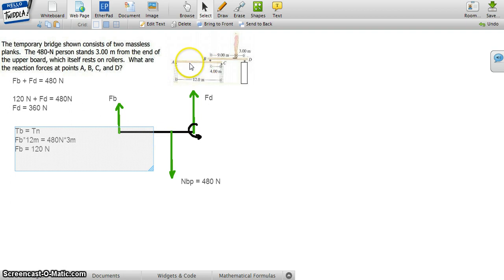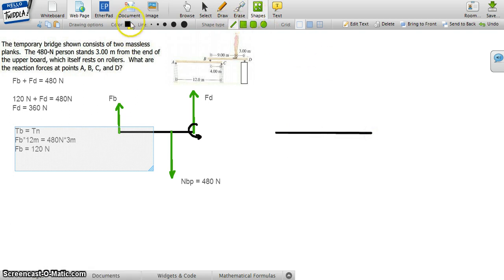Okay, now I'm going to go ahead and consider the bottom case down here. So let me draw that case. So there's going to be a support force up at C. There's going to be a support force up at A. There's going to be a reactionary force to the B force.